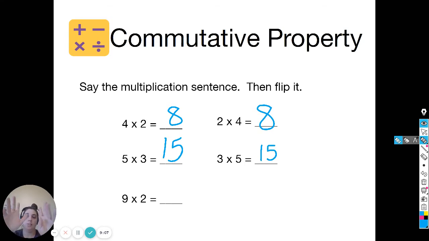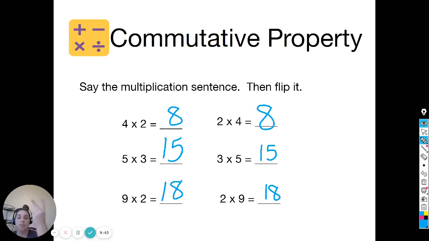Okay, thank you for your answers in GoGuardian. Now let's go ahead and count it together. We're going to count by 2's 9 times. Ready? 2, 4, 6, 8, 10, 12, 14, 16, 18. 9 times 2 is 18. Let's say that multiplication sentence all together. Ready? 9 times 2 equals 18. And let's flip it. Ready? 2 times 9 equals 18. Take the two numbers and flip it, and that is the commutative property.